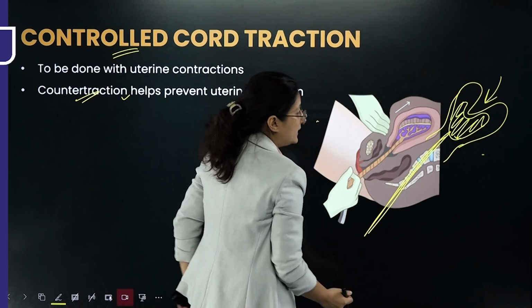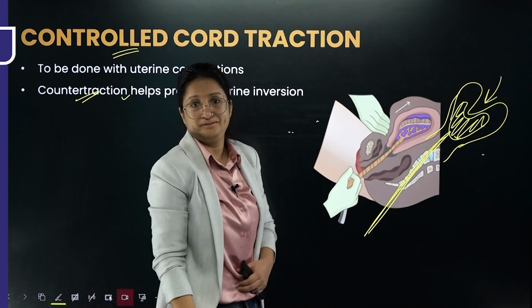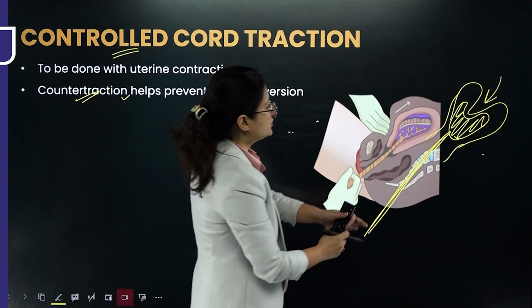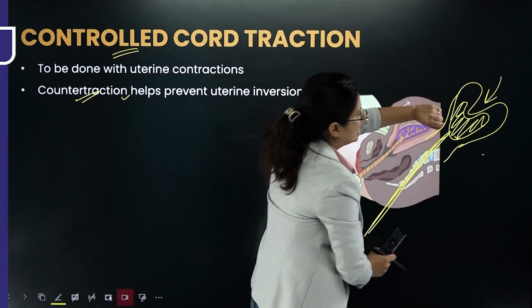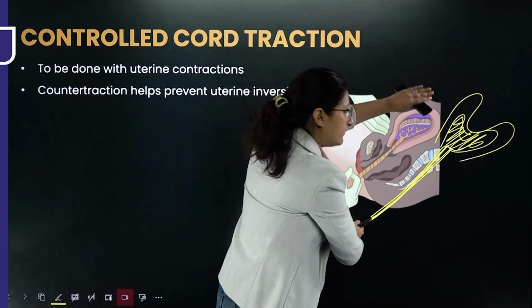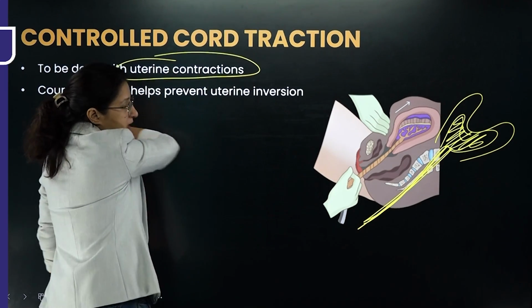So I can be fooled. Don't get fooled. Place your hand here, be cautious. Tug only when uterus is contracting, apply traction only when the uterus is contracting. So that is the most important aspect.